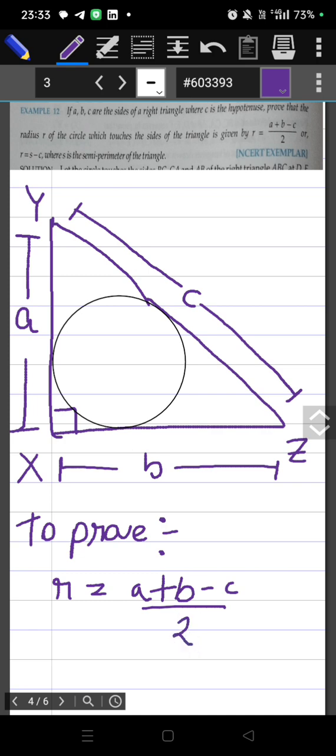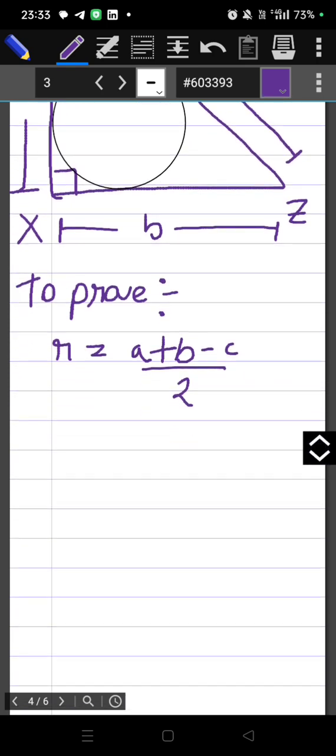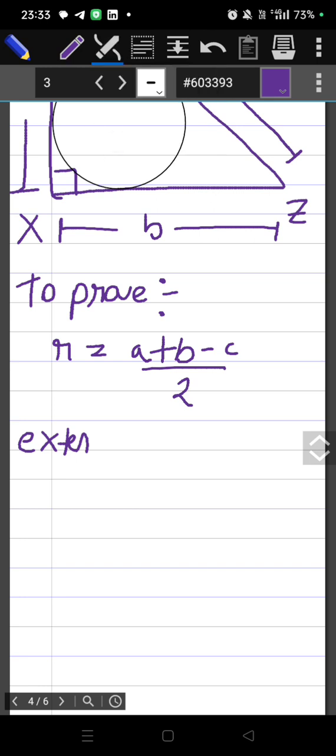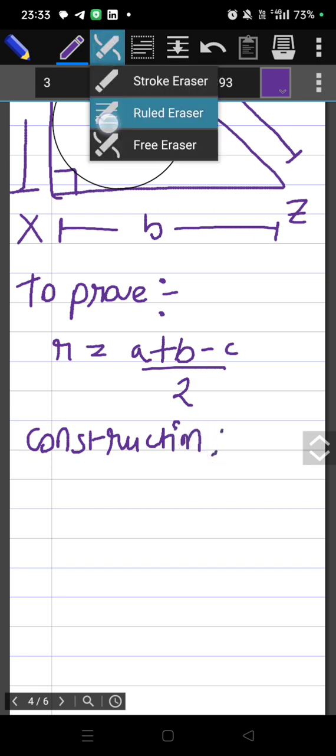So now what you need to do? You need to define the extensions, or else you can also write the construction. Let me write it properly.